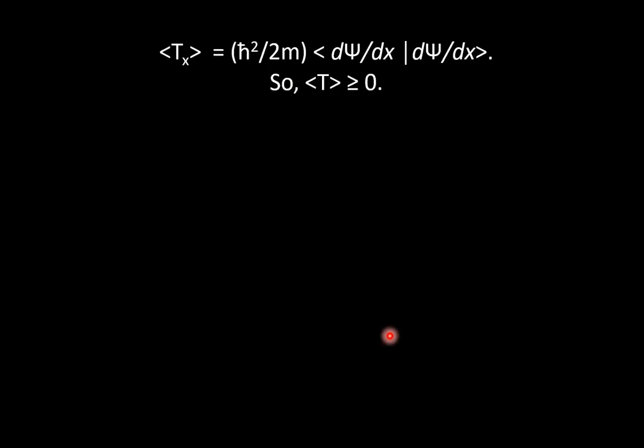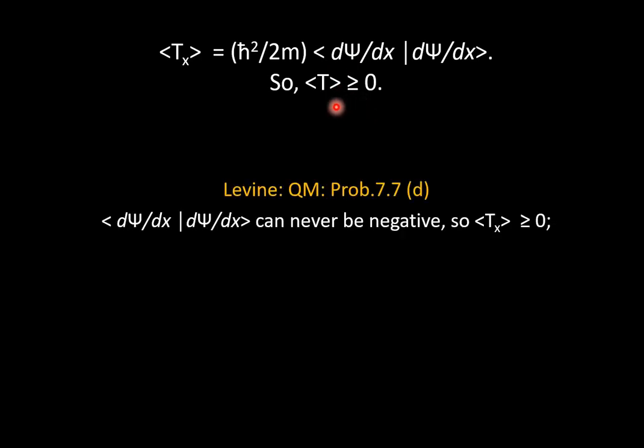And the next question is a related question, where Tx is given like this in the earlier question. Then you have to show that the T average is greater than or equal to 0. Again it's a question from Levine. Now |dψ/dx|², this quantity can never be negative, right?